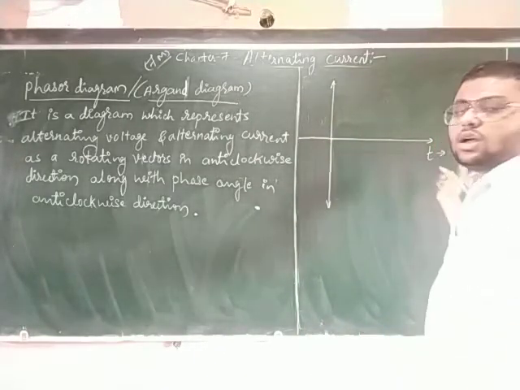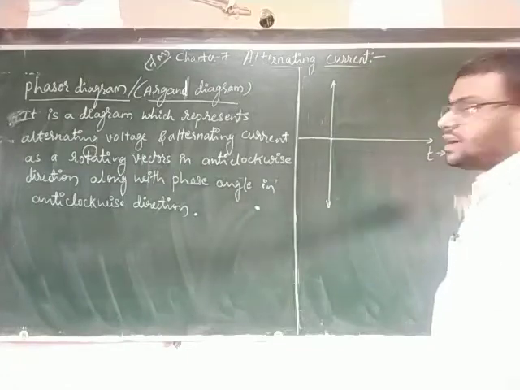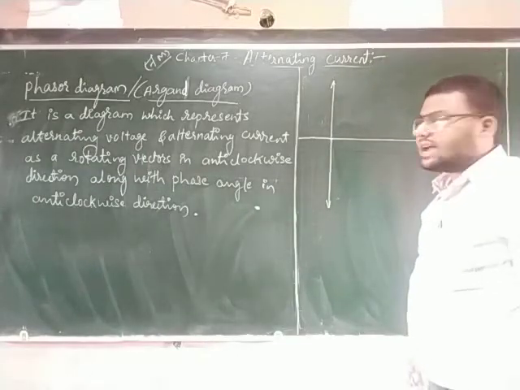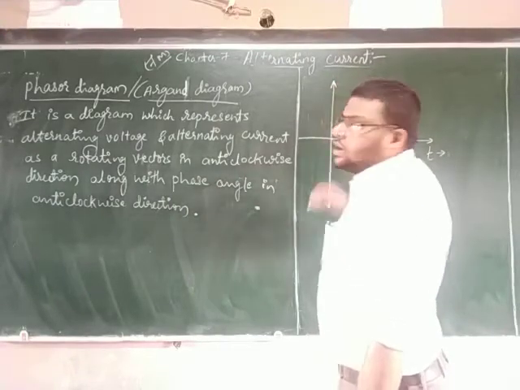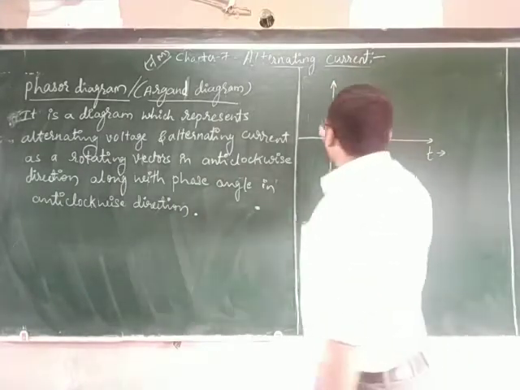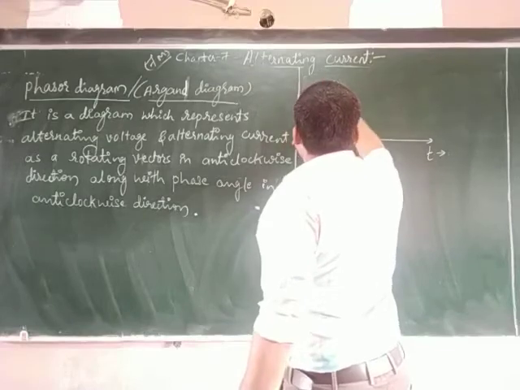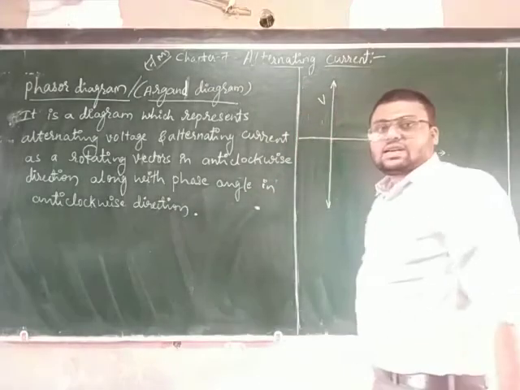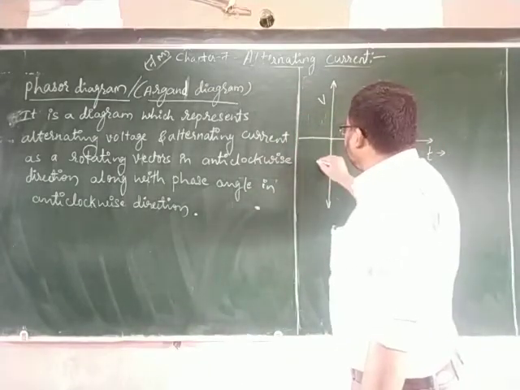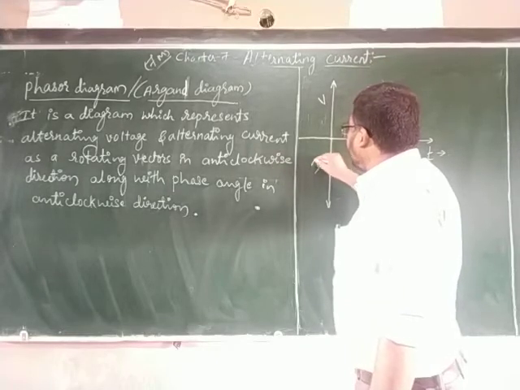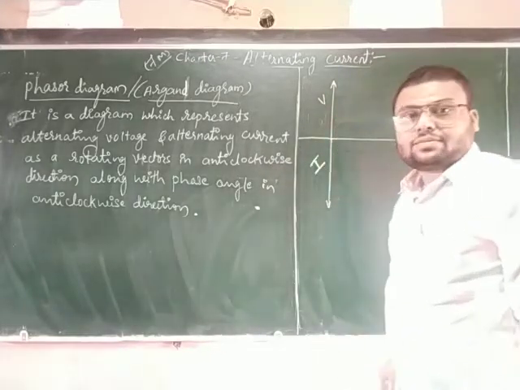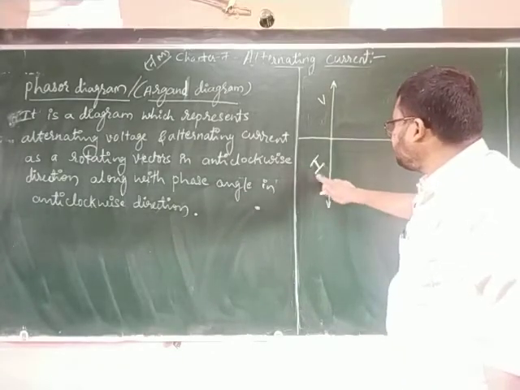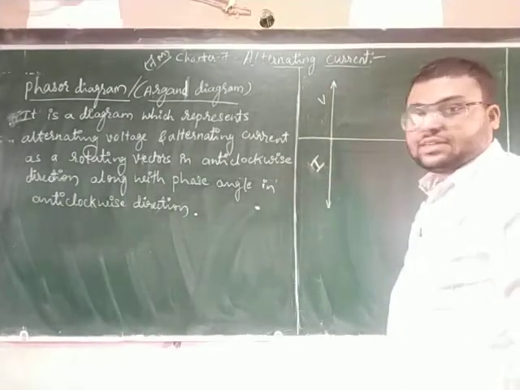So look here, along the horizontal axis I have taken the time axis, the upward vertical axis I consider as alternating voltage, and the downward vertical axis I consider as alternating current. Okay, right.